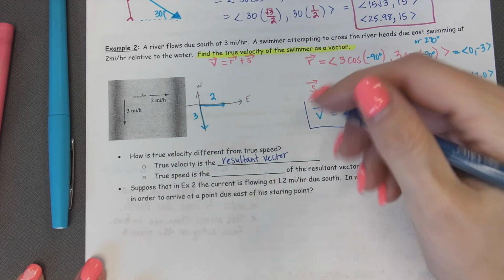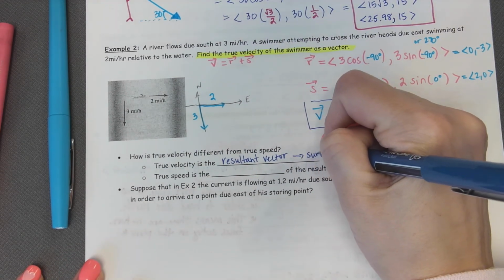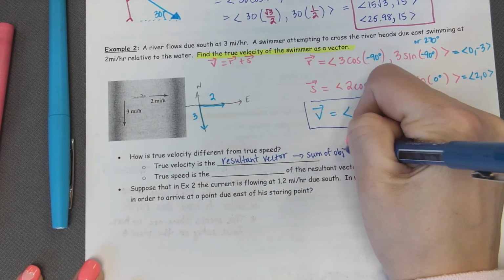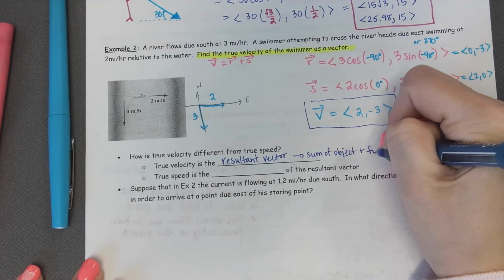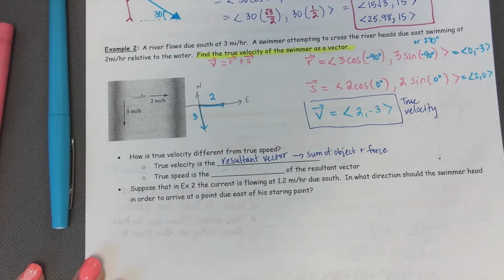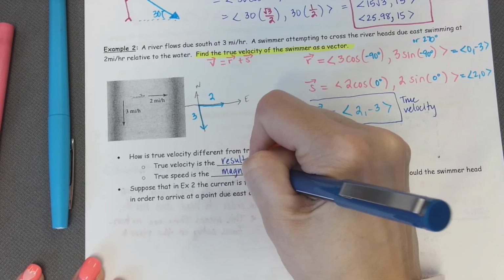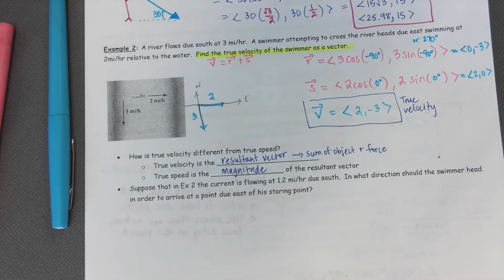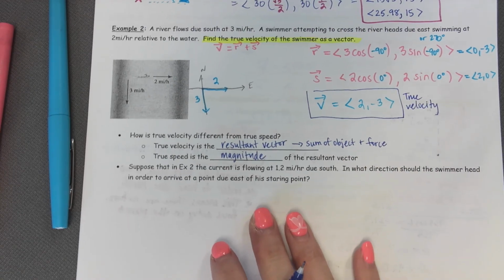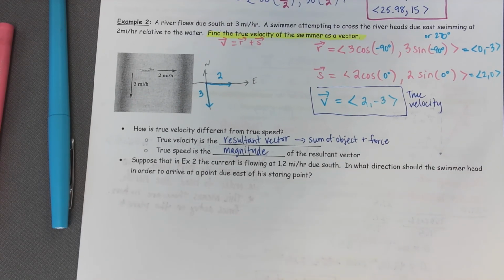So it's the sum of the object and the force. True speed is the magnitude of the resultant vector. Okay, so sometimes they'll ask you for true velocity, sometimes they'll ask you for true speed.